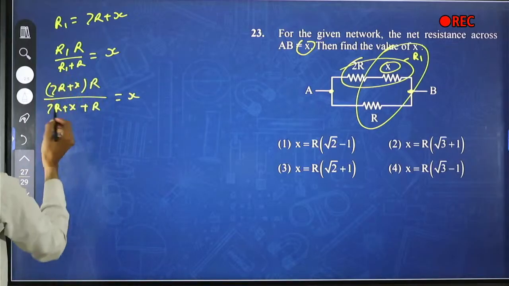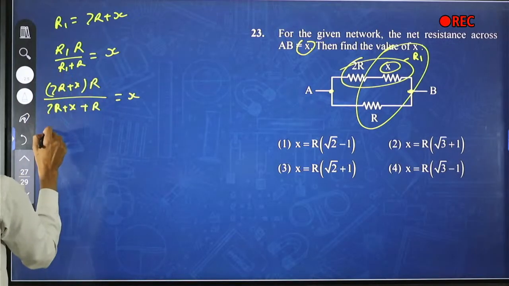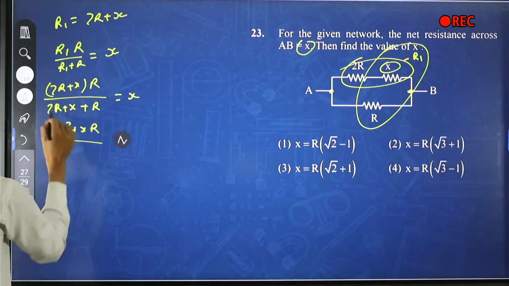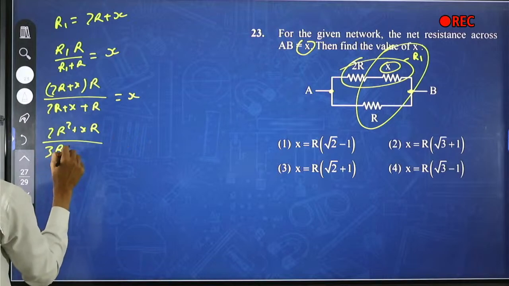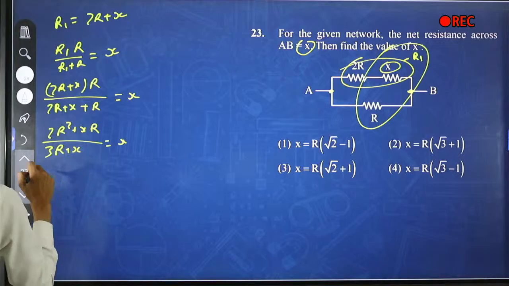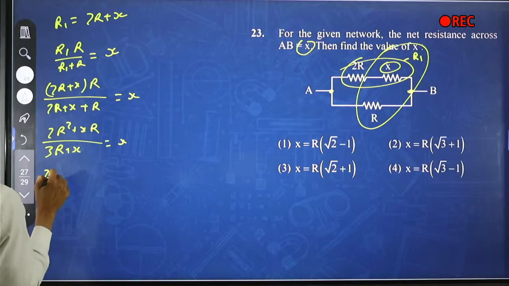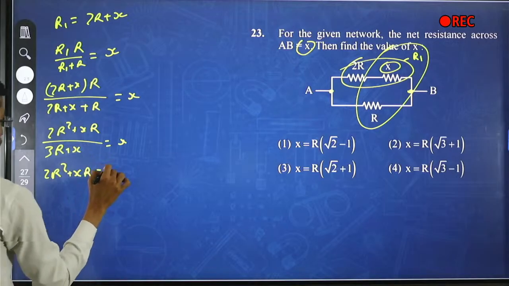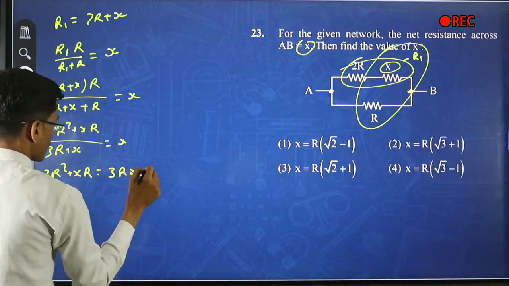So further multiplying R into bracket: 2R square plus XR upon 2R plus R, 3R plus X is equal to X. By cross multiplying, 2R square plus XR is equal to 3RX plus X square.